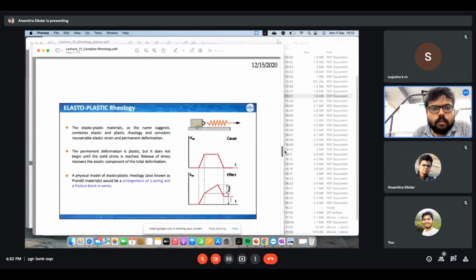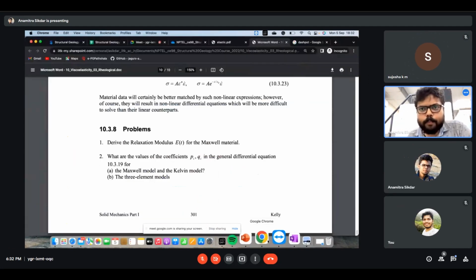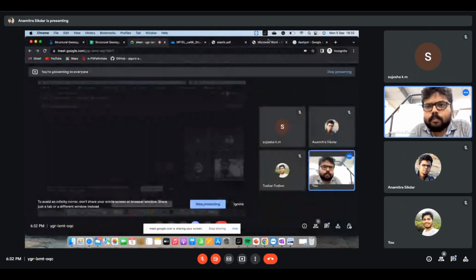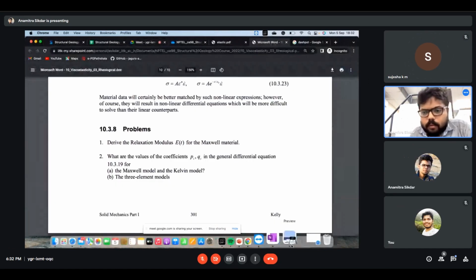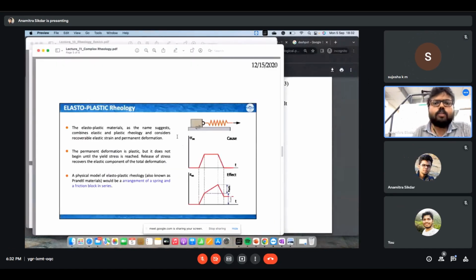Yeah. So this is elastoplastic rheology. What happens in this model is that you have a block connected to a spring, and you just pull the spring and the block will slide.